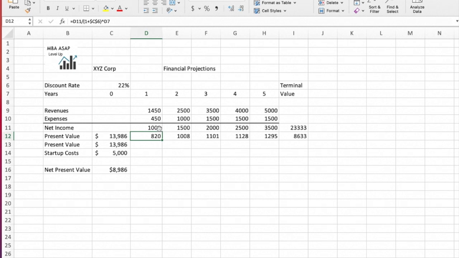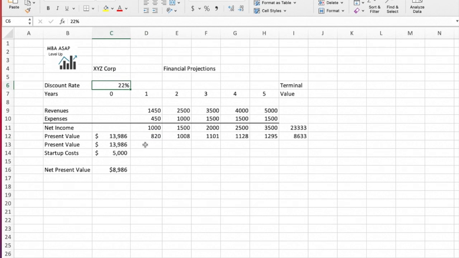We're not going through it, but we could actually add back whatever the accrual numbers were in revenues and expenses, like accounts receivable and accounts payable and things. But to keep this simple and just sketch it out, I'm just doing it this way, right? And we have here the discount rate of 22%.